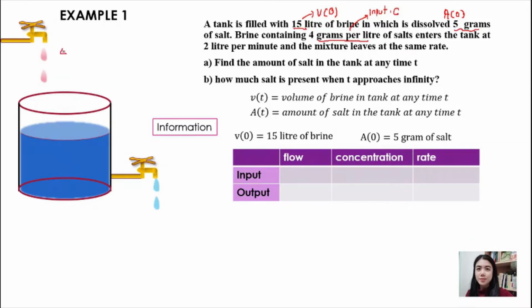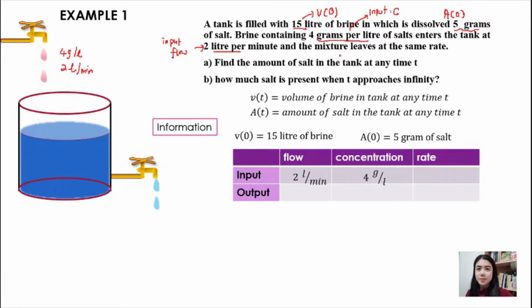Then fill in the blank here with 4 grams per liter. It enters the tank at 2 liters per minute. So this is your input flow, 2 liters per minute, and we fill in the blank here.